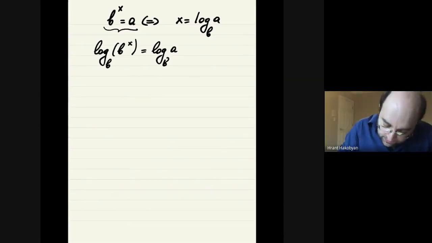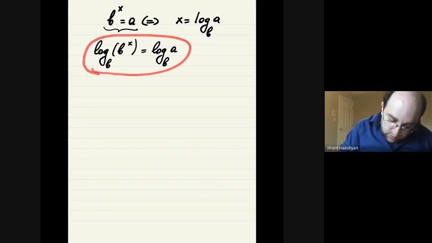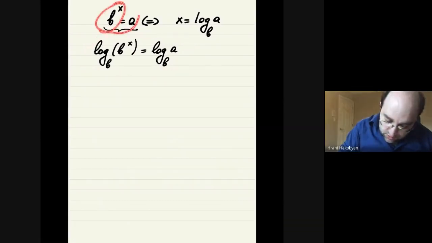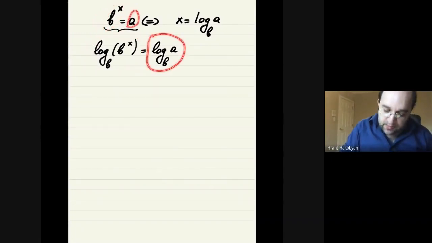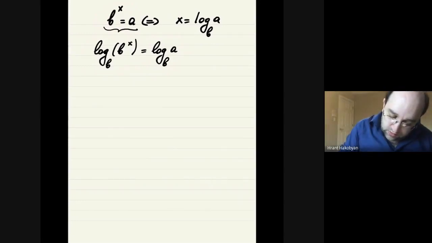You can think that you obtain this by taking the logarithm of both sides: the logarithm of the left-hand side would be this, and of the right-hand side would be this. But we saw that this one is equivalent to that.